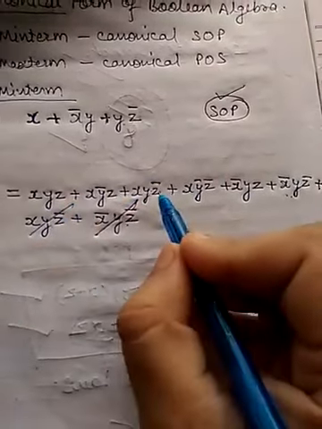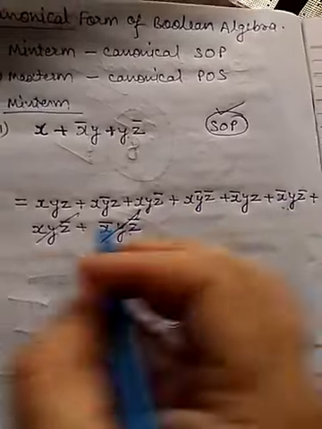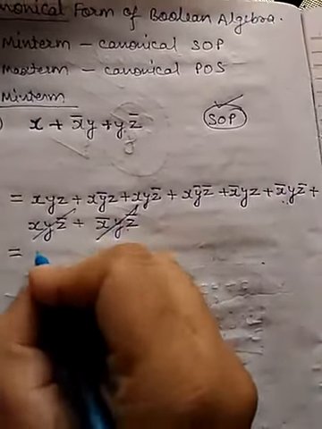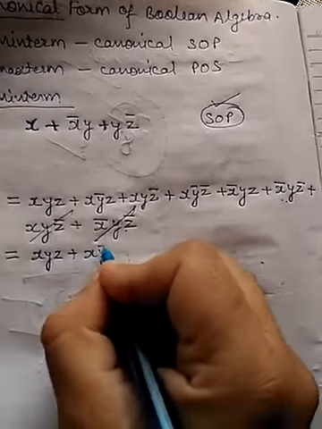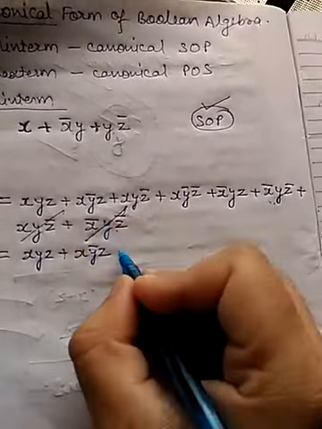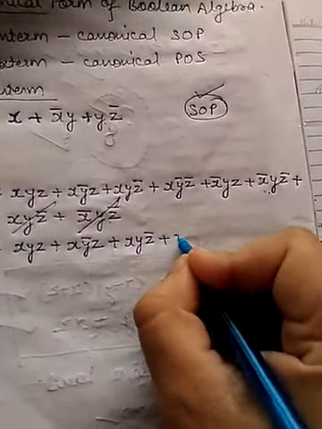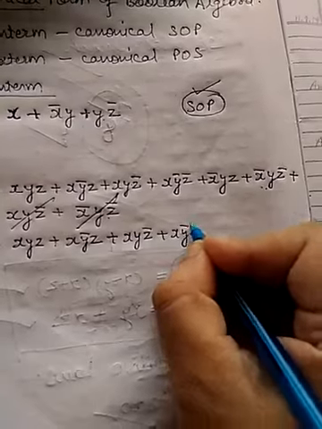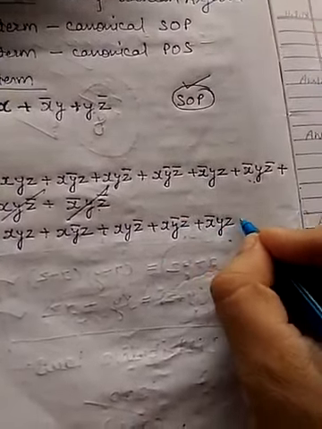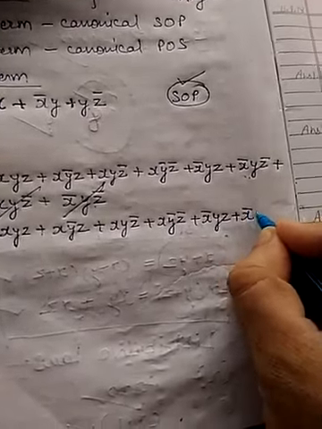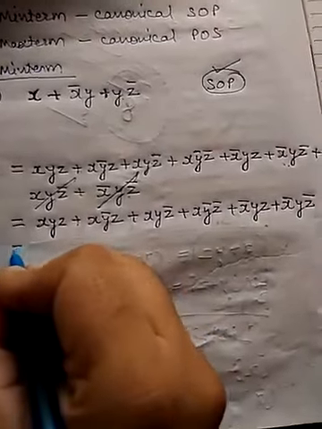Let us remove one, because the property is x plus x equal to x. Now there is no duplicate term. So we can say this is xyz plus xy'z plus xyz' plus xy'z' plus x'yz plus x'yz'.